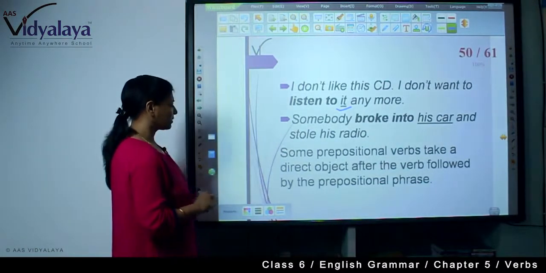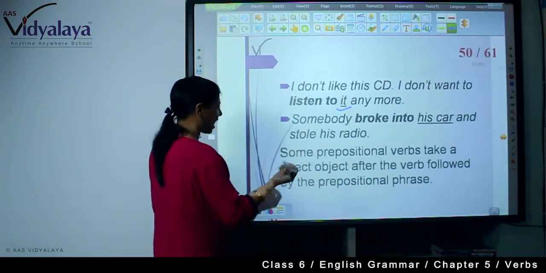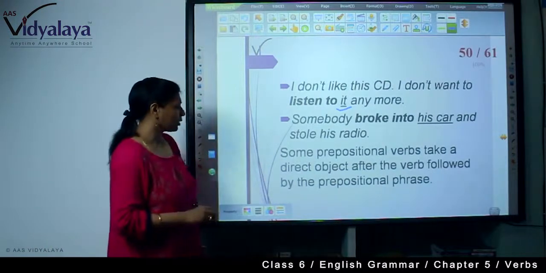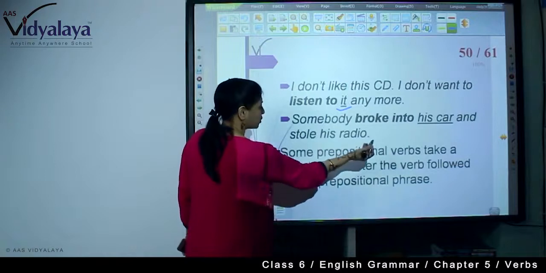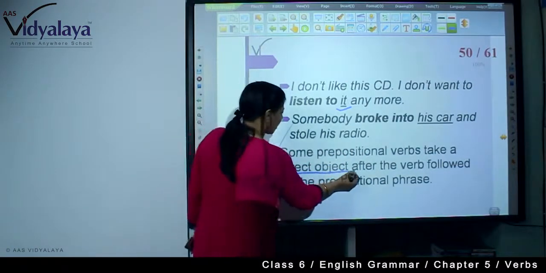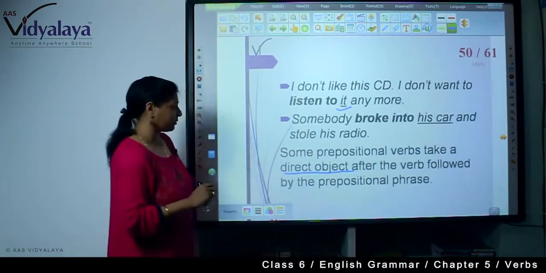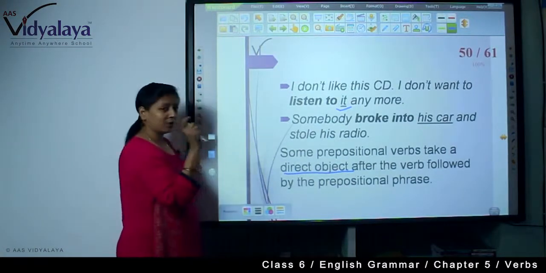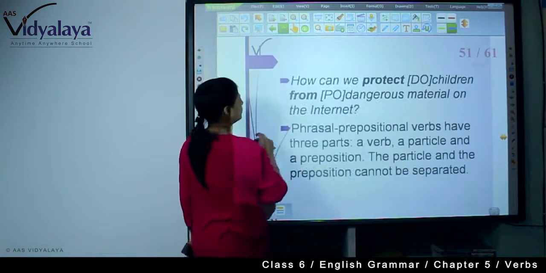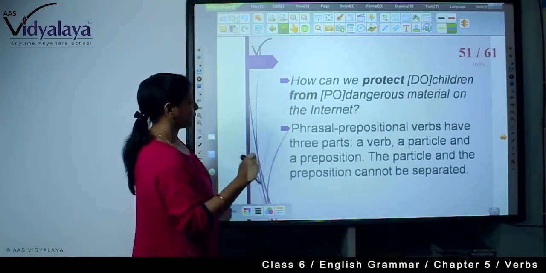Some prepositional verbs take a direct object after the verb followed by the prepositional phrase. That means it will be in the middle. "How can we protect children from dangerous material?"